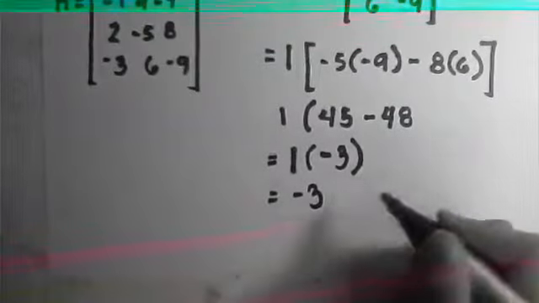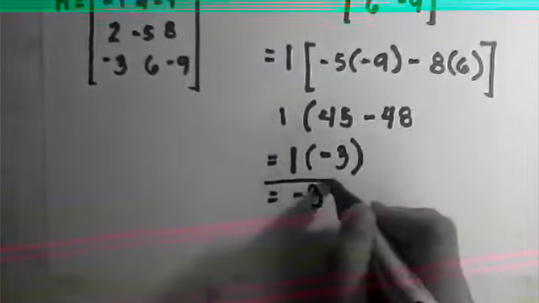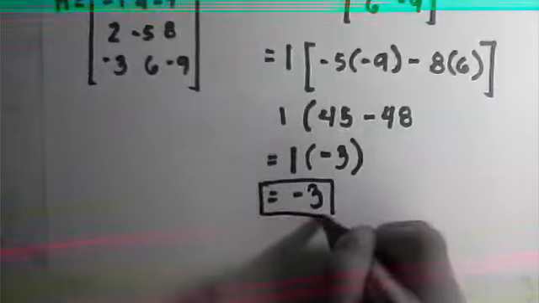So, the cofactor of negative 1 is negative 3.